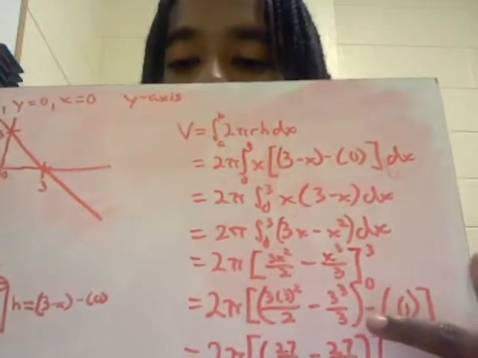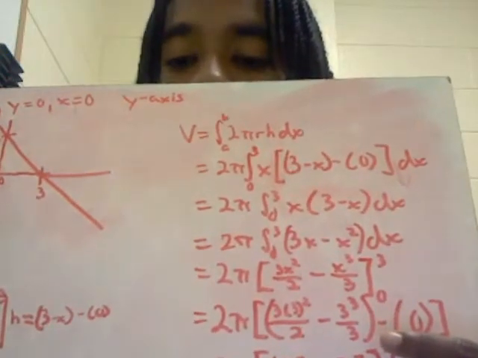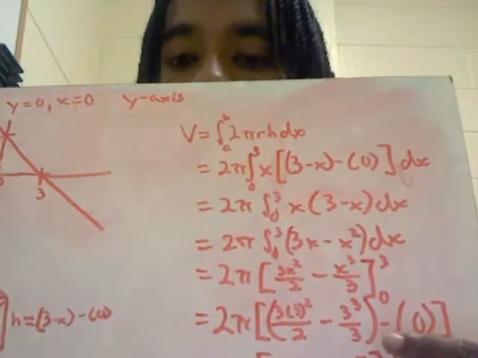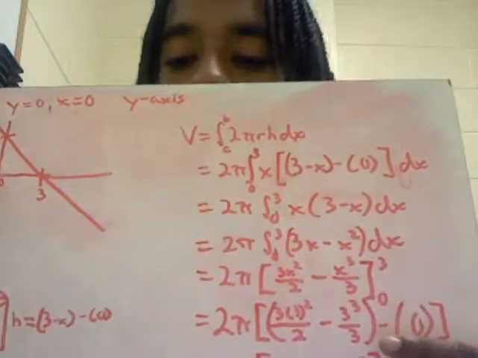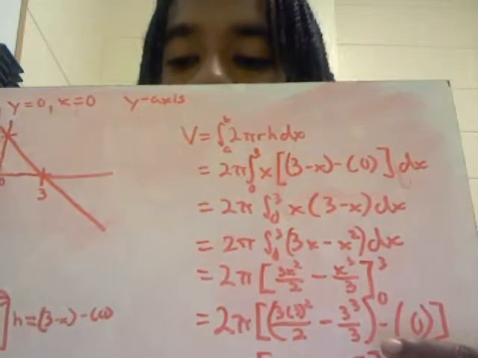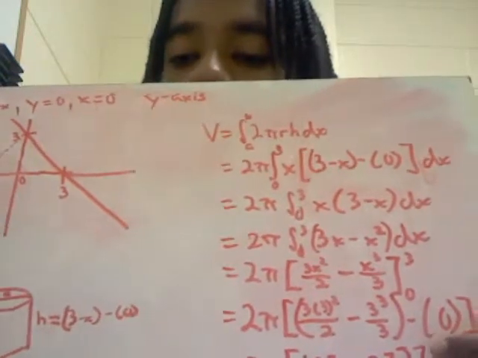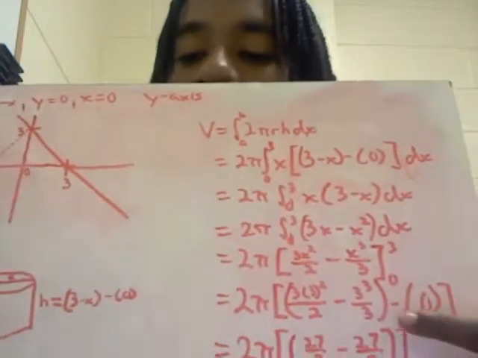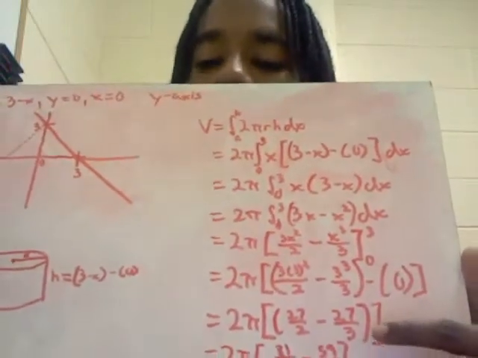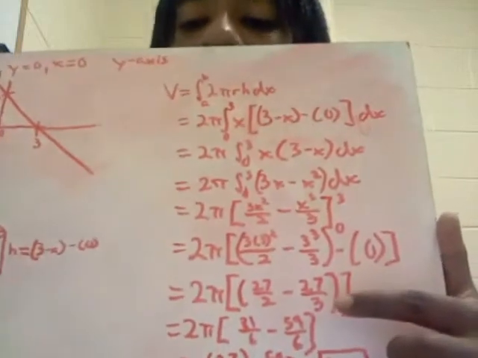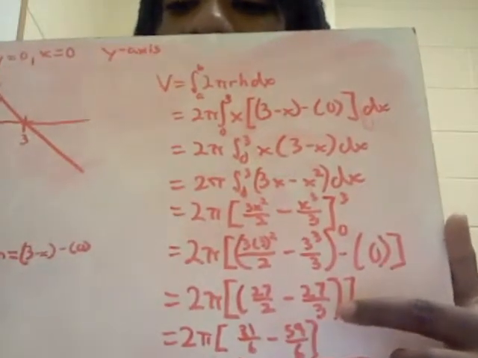Next, you substitute in the 3 and the 0. It's going to be 2 pi times 3 times 3 squared over 2 minus 3 cubed over 3 minus the 0, which we just put there just to prove that it is 0. Next, you simplify.